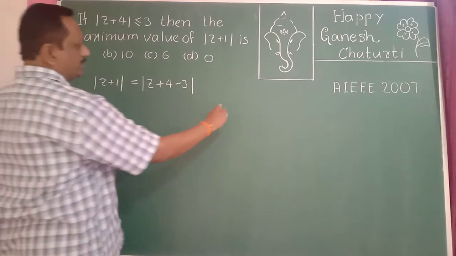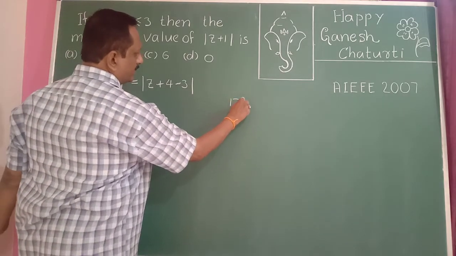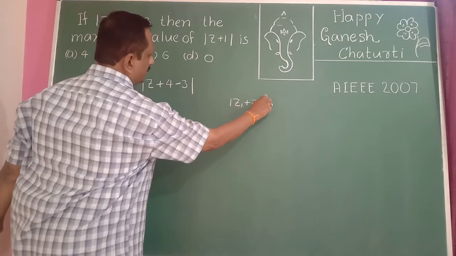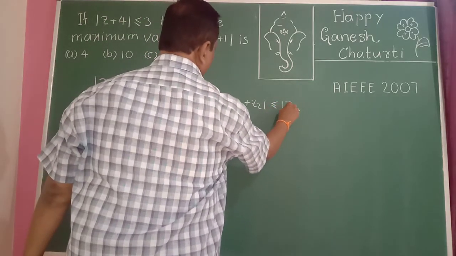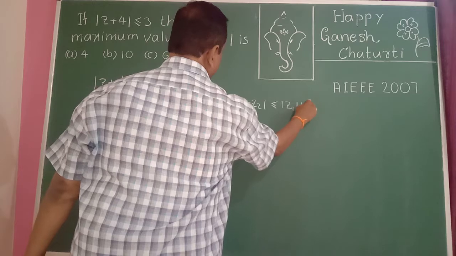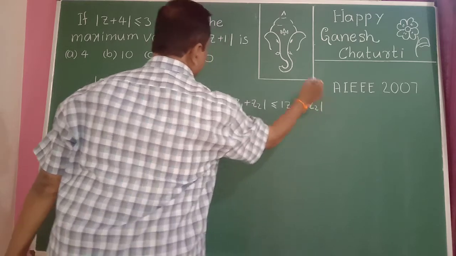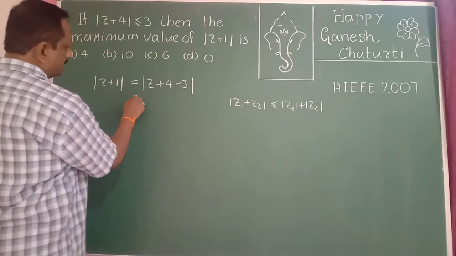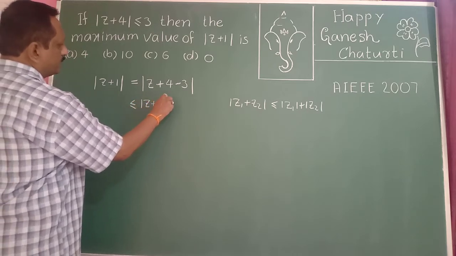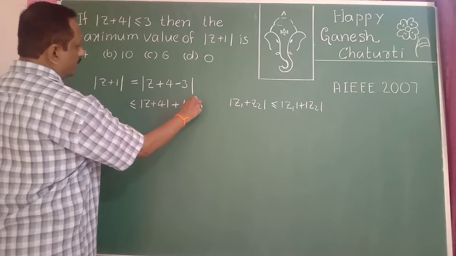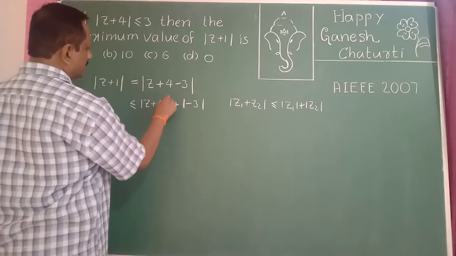Then you know the formula: modulus of z1 plus z2 is less than or equal to modulus of z1 plus modulus of z2. Hence this is less than or equal to modulus of z plus 4 plus modulus of minus 3.